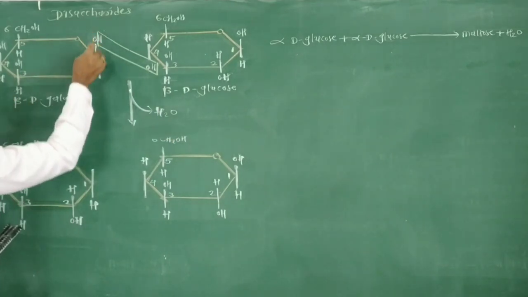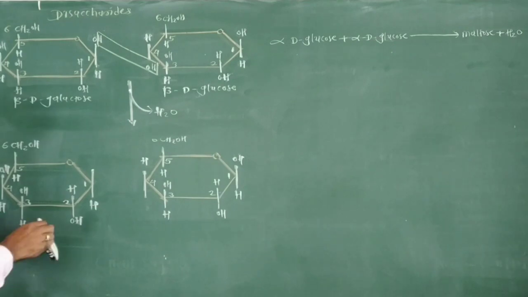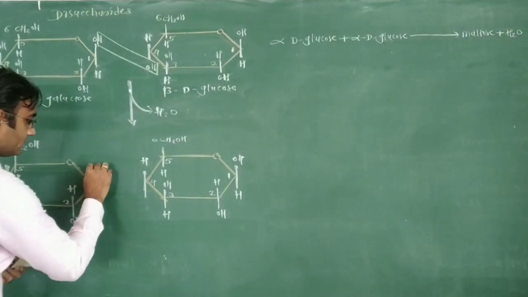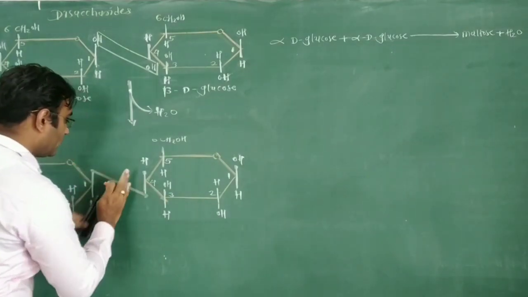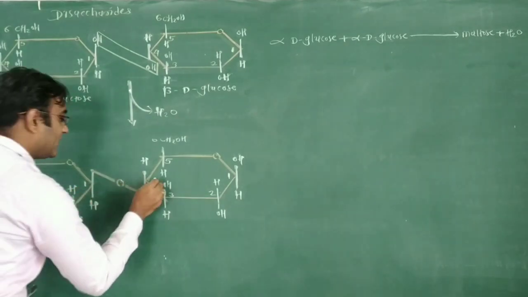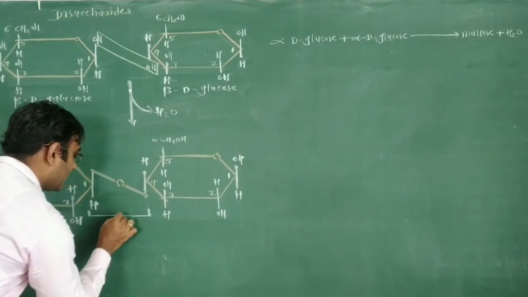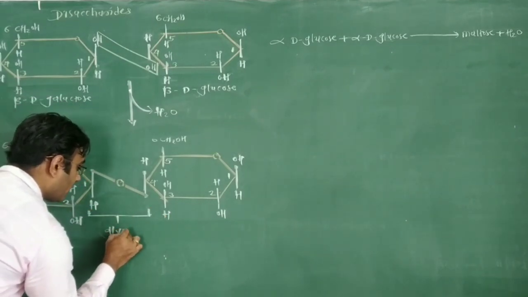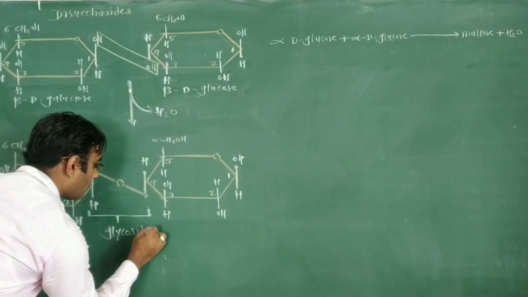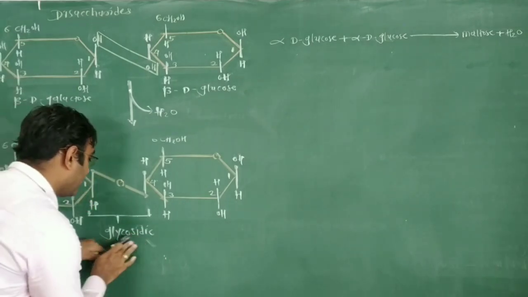Oxygen that joins the first carbon to the fourth carbon of the two different sugars. So this is the oxygen left. Carbon, oxygen, carbon. Which chemical bond forms? That is the glycosidic bond.